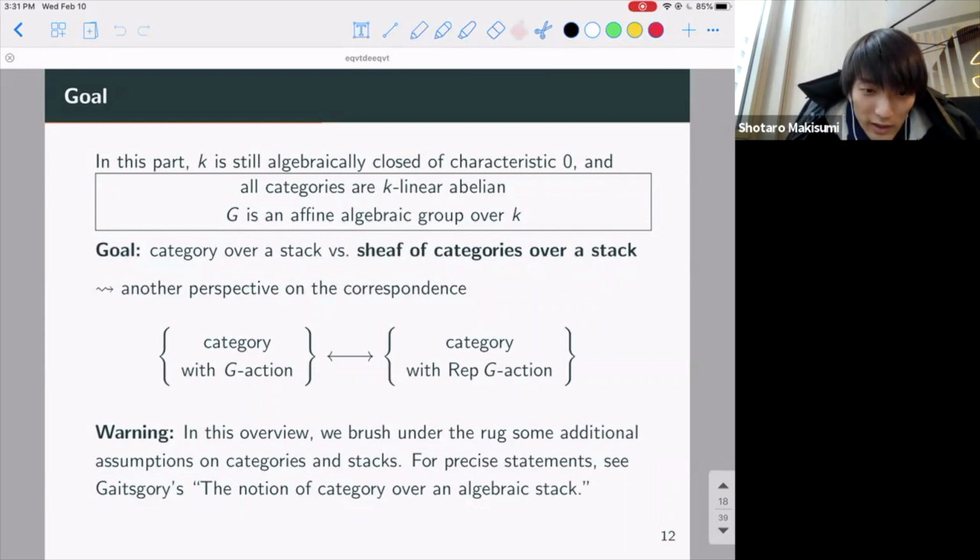And whenever I have the letter G, it's an affine algebraic group over K. Also, I'm taking the following material from Gates-Corey's short note, the notion of category over an algebraic stack. And again, I'm trying to brush under the rug some additional assumptions I have on my categories and stacks sometimes. So I apologize for that, but please see his notes for the precise statements.